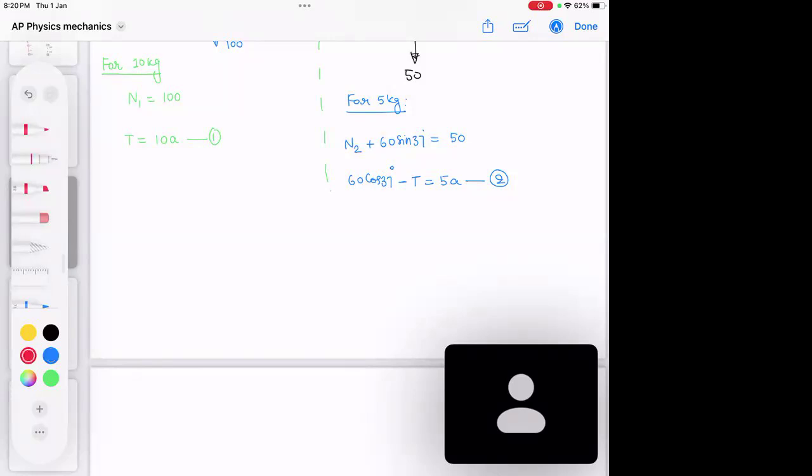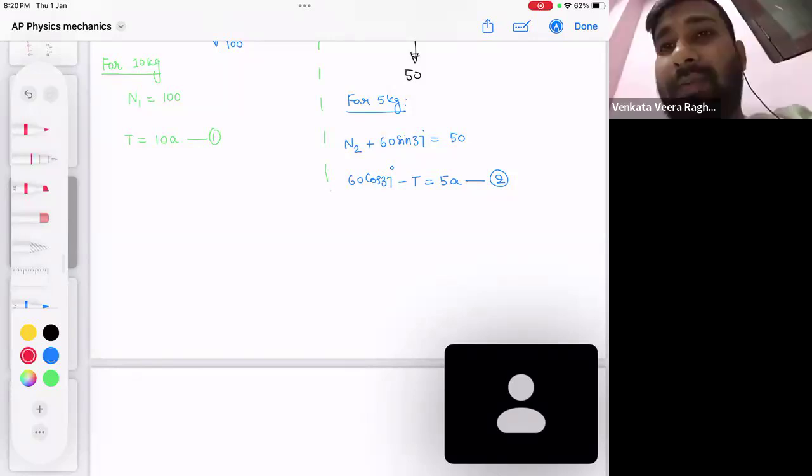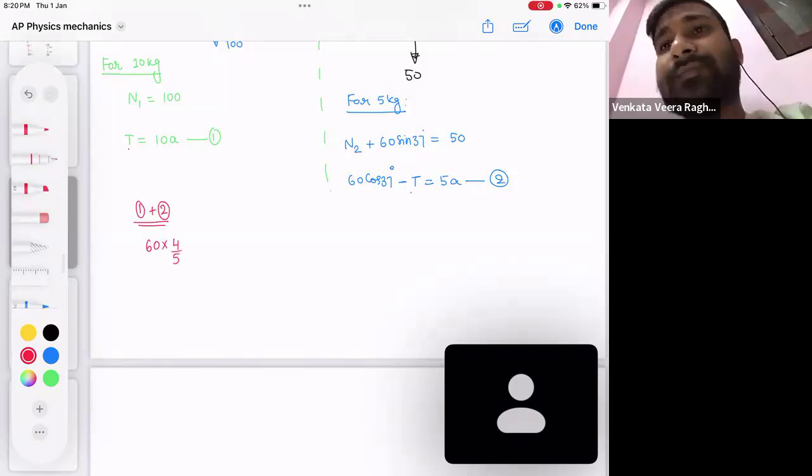So if I want to solve equations 1 and 2, is it not better to add 1 and 2? So plus T minus T is gone. 60 cos 37. What is cos 37? 4 by 5. Sin 37 is 3 by 5.